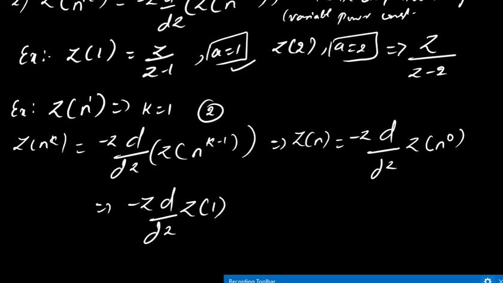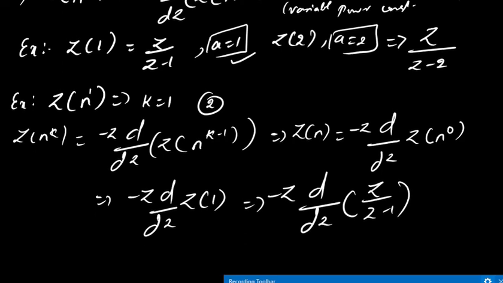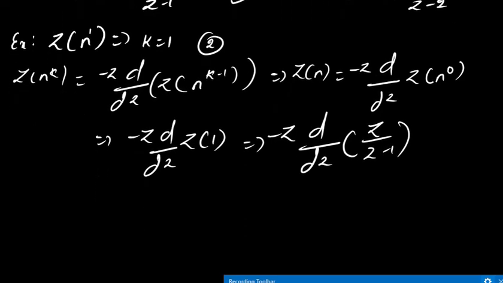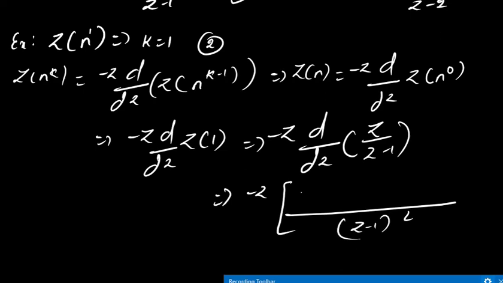Already we know what Z transform of 1 is. We need to substitute here. So it's minus z d by dz of z by z minus 1, differentiated by applying the quotient rule, because z is existing in both numerator and denominator. So it's minus z, denominator square, denominator into differentiation of z with respect to z is 1.